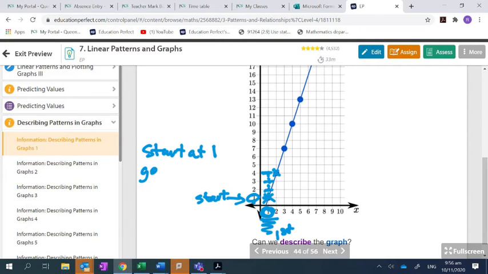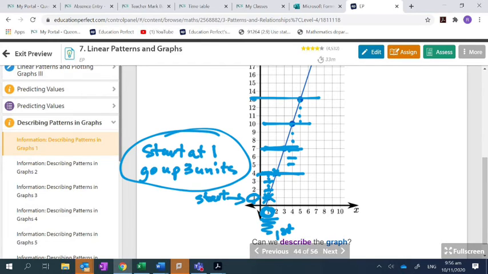So it went up 3 units. And you'll notice that if you're on this one, to get to this one, how many do you have to go up? 3. To get to that one, how many do you have to go up? 3. To get to that one, how many do you have to go up? 3. So every single dot is exactly 3 units up, right? So you start at 1 and you're going up 3 units.